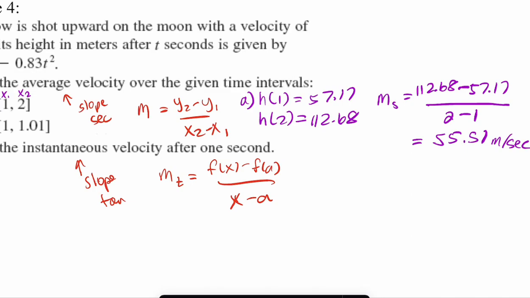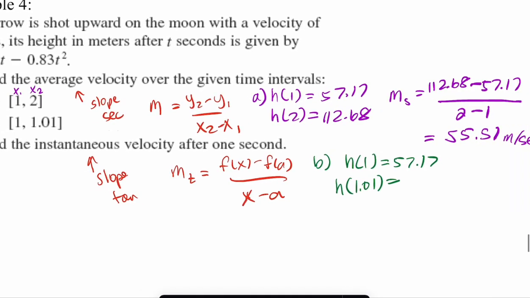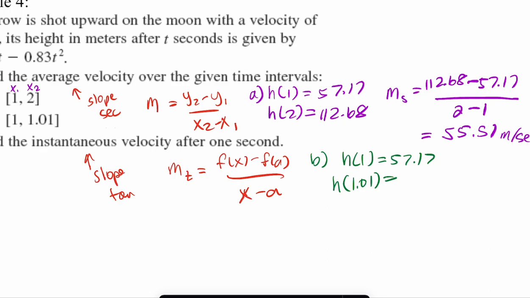Okay, now we're going to do it one more time for part B. We already know h of 1 is 57.17. And now we do h of 1.01. So 1.01, 58 times 1.01 minus 0.83 times 1.01 squared is, I'm going to go out 3 decimal places, 57.733.